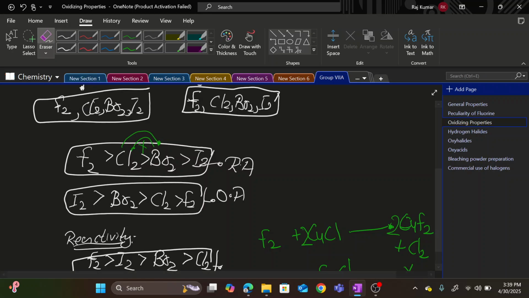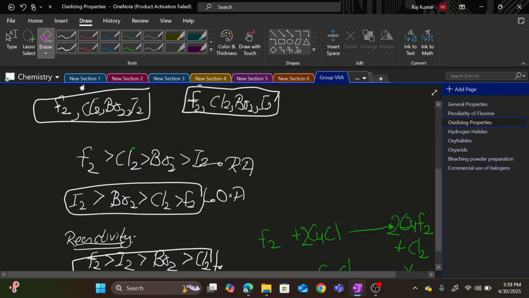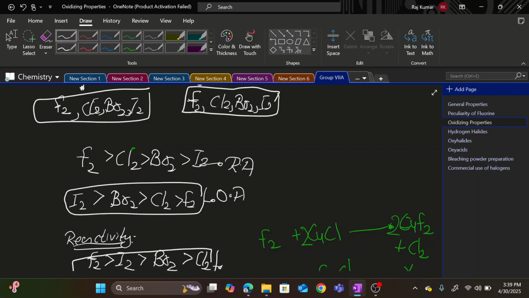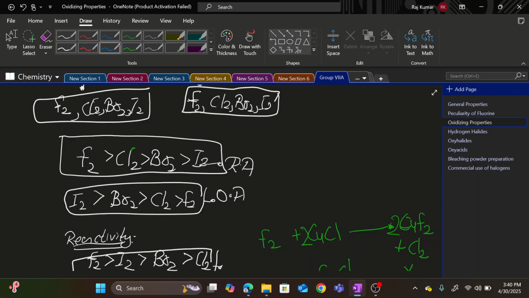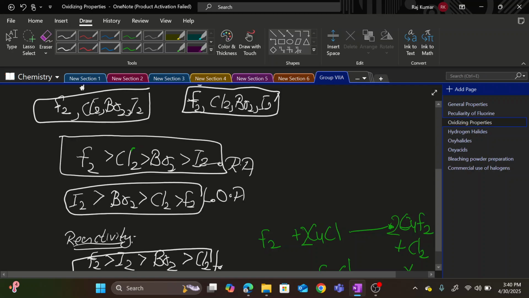I'm going to tell the reason as well. But for now, let's understand the scenario over here. Whenever we have a higher halogen atom, it can displace chlorine, bromine, iodine from a compound.